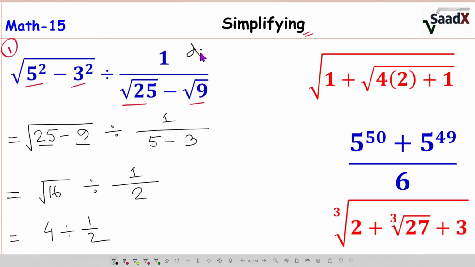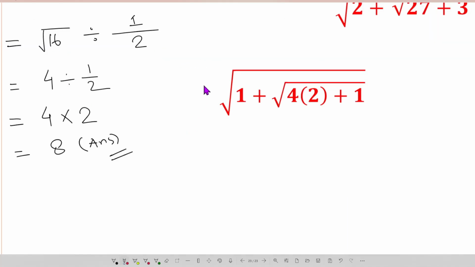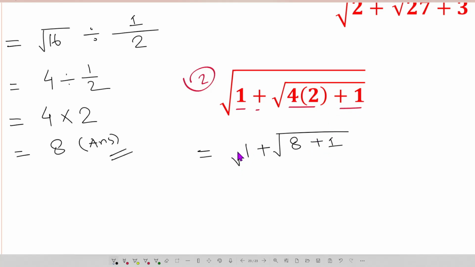This is done. Second question. Inside root 1 plus again root 4 times 2 plus 1. So this one we can write here is 1 plus, then root 4 times 2 is 8, plus 1, and also whole root.